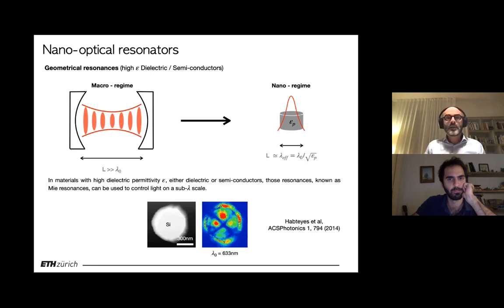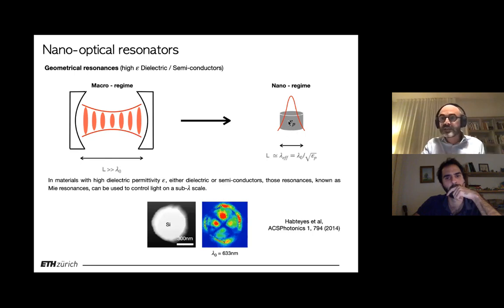The first family is about nanoresonators that support geometrical optical resonance. Here, this is completely an analogy with what would happen with a microscopic cavity, where the resonances of the resonator would be defined by the ratio between the dimension of the cavity and the effective wavelength within the cavity. So what happens at the microscale would happen as well at the nanoscale.